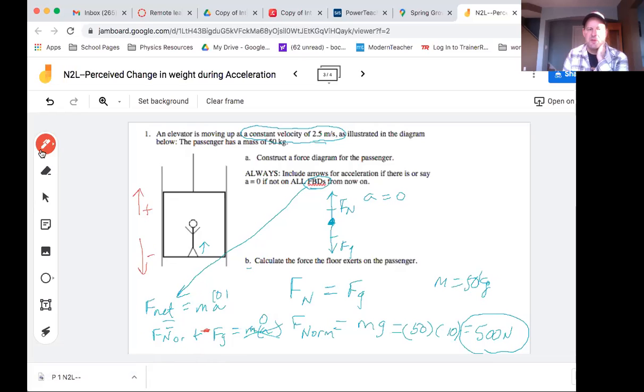If this is 0 on the right-hand side, we could then rearrange this equation to say that the normal force is equal to the force of gravity, which is what we did here, kind of just straight away by saying, I know they're equal, and I know they have to be balanced or equal because the acceleration is 0. But this is the real justification for why we can write that as simply as we did.